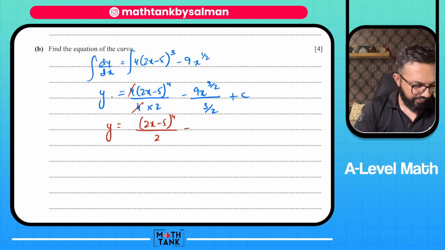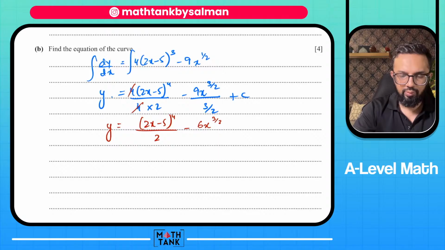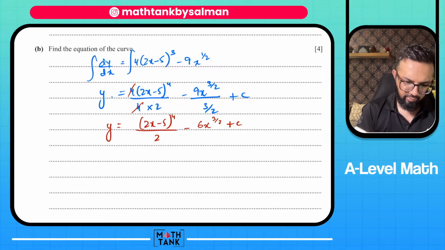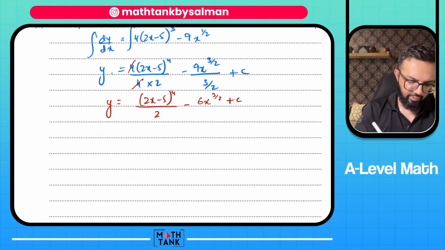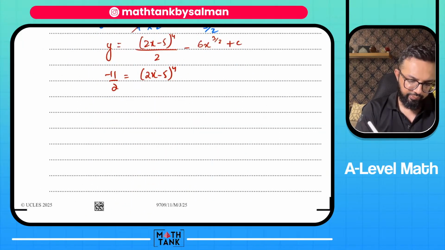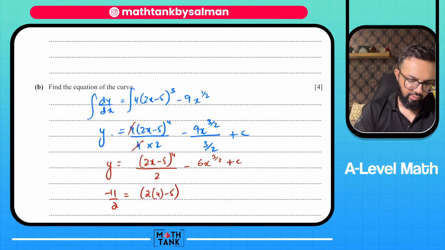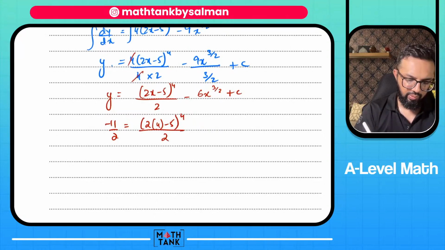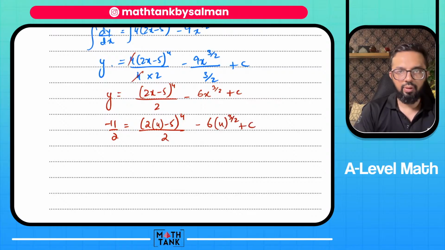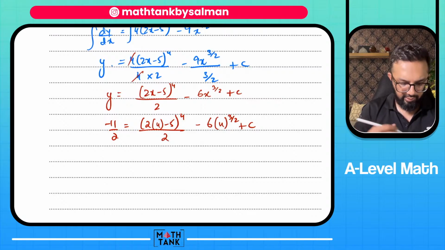Nine divided by 1.5. Minus 11/2. Okay, I'm inserting the coordinates to find that.